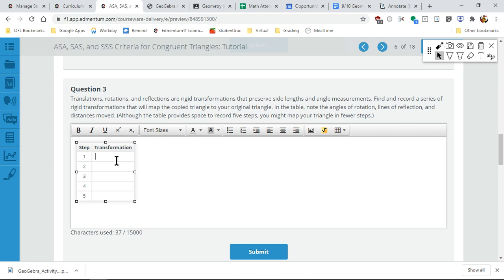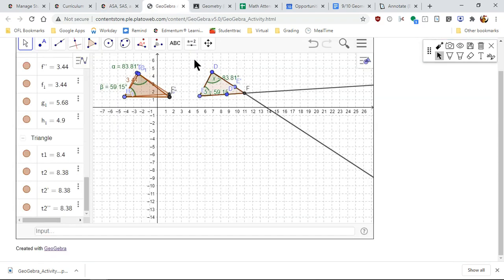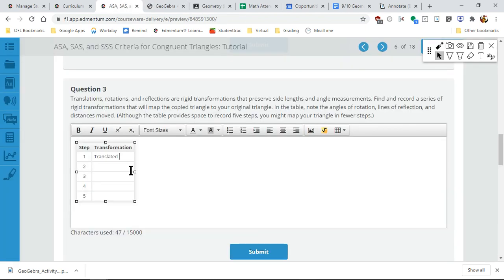So what I would do is write "translated." The way I translated it was left. I might have done up a little bit, but I can't really see that.